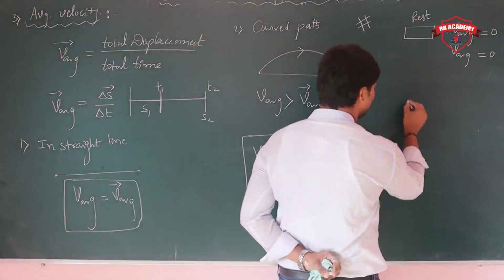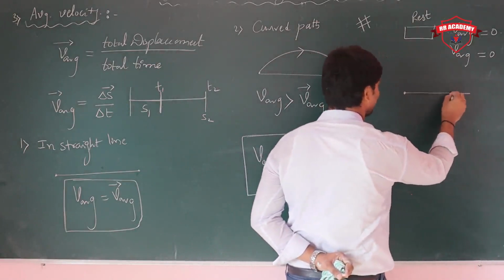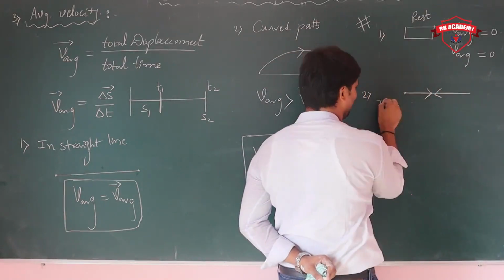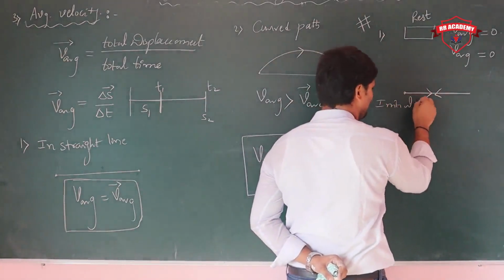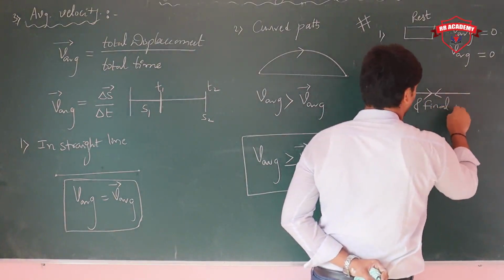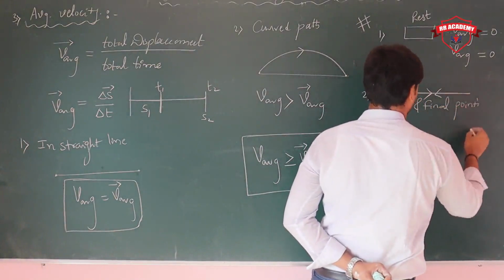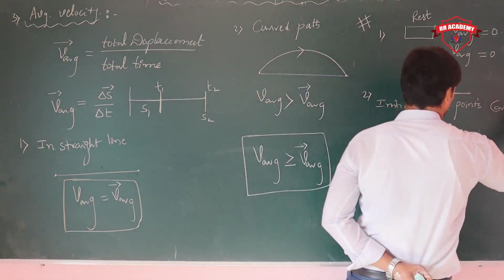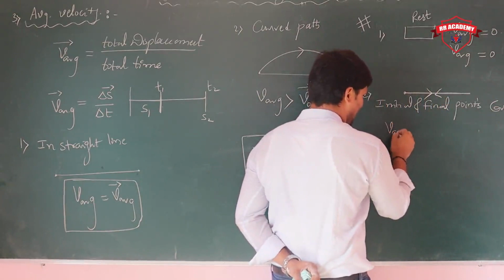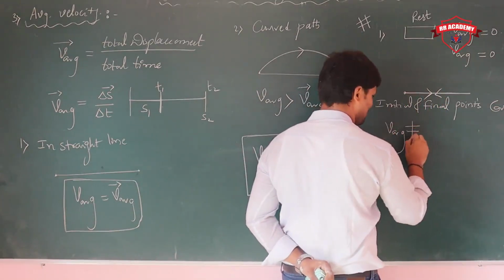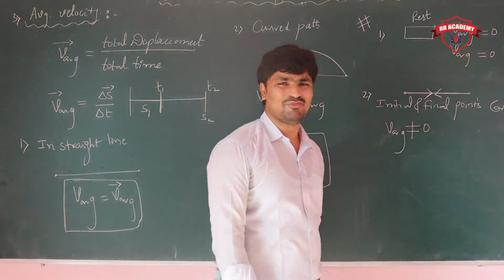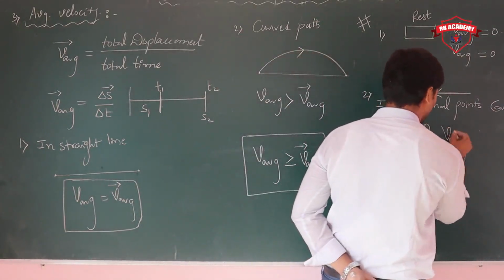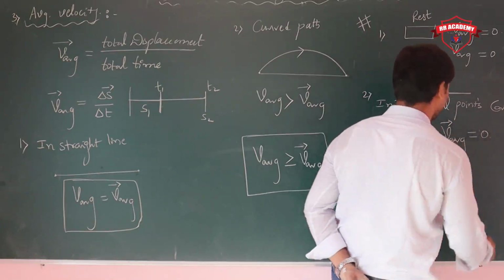In case the particle starts from a point and returns to the same point, that is, the initial and final points coincide, then what happens? The average speed does not become 0 because the distance is not 0, but the average velocity becomes 0 because the displacement is 0.